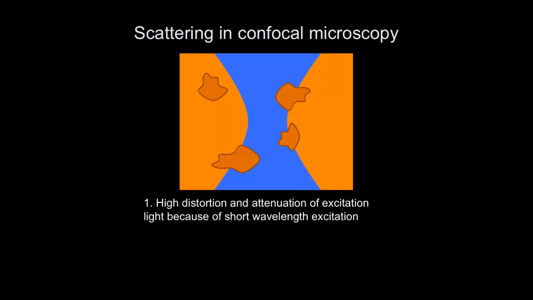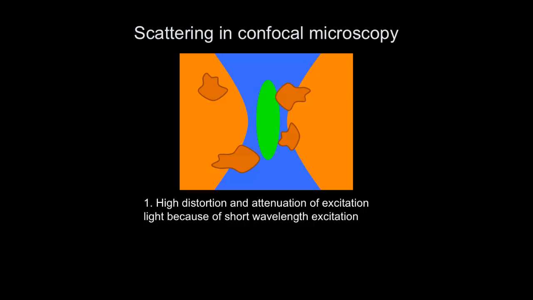And short wavelengths scatter more than longer wavelengths, like red. Okay, so I made this blue to indicate that this is a beam that is very susceptible to scattering objects. Therefore, there will be a high distortion and attenuation of the excitation beam. Okay? Because of the short wavelength excitation. That's not really good. So number 1 is already pretty bad.